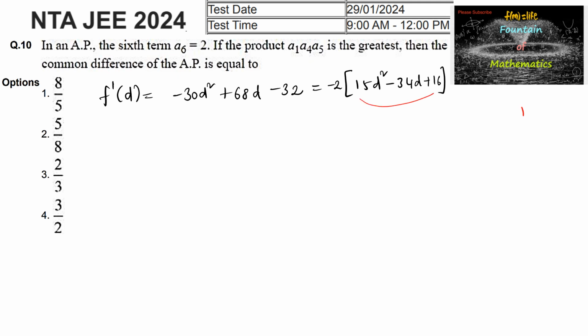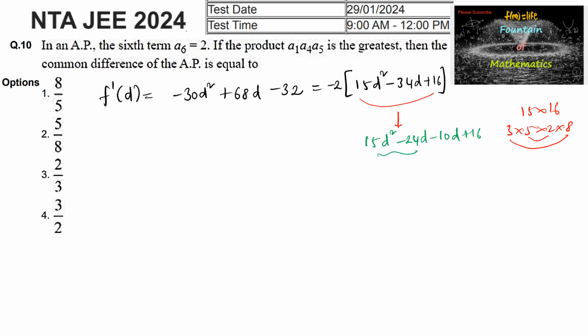And factorizing here, 15 into 16 we can write 3 into 5 into 2 into 8, 8 3s are 24, minus 24 plus 10 is 34, so we can write 15D square minus 24D minus 10D plus 16.